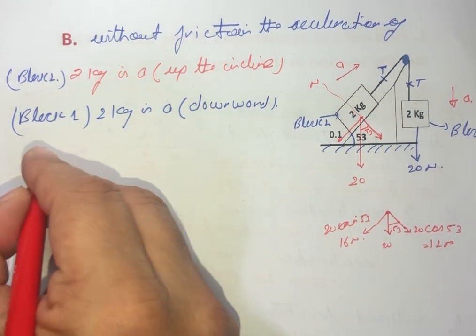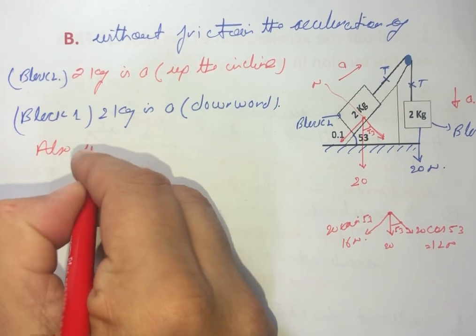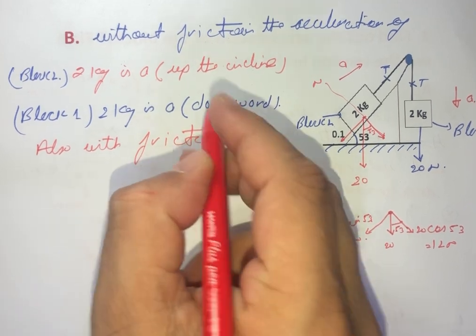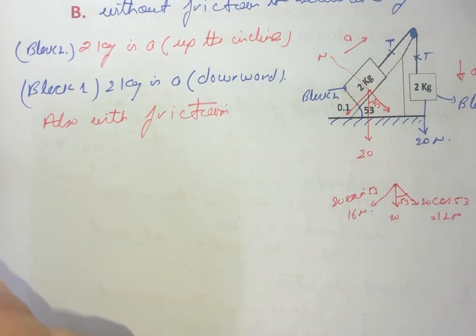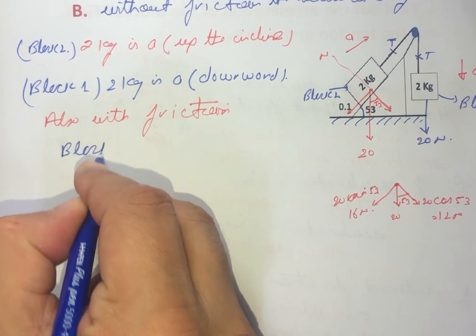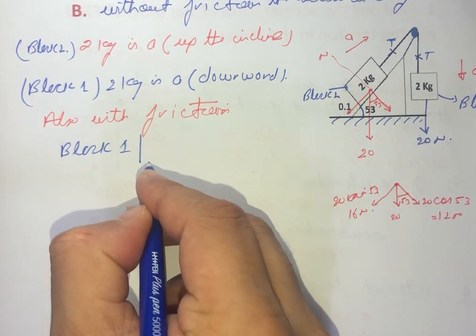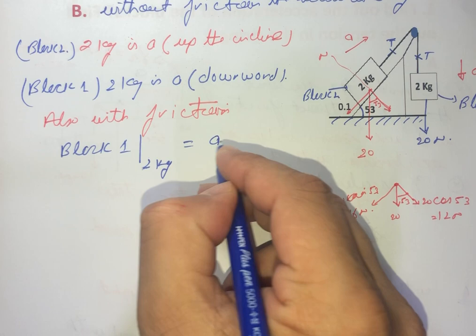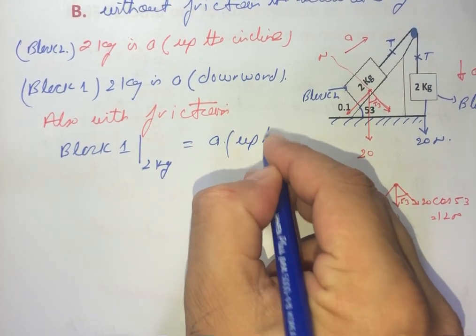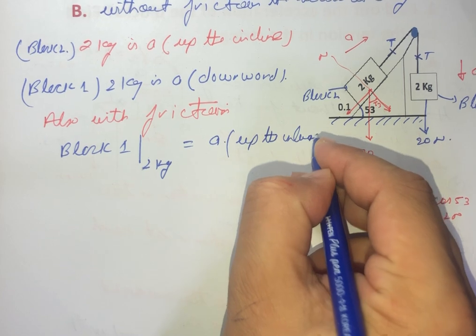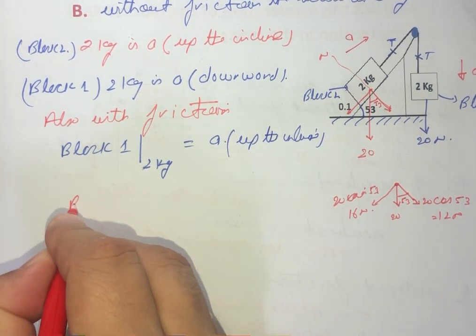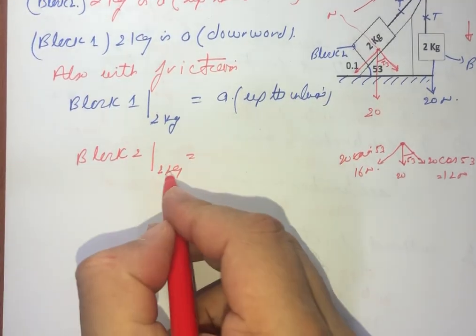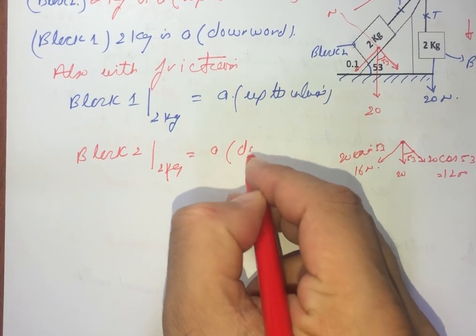So we say also with friction, we have block 1, that is 2 kg, having acceleration of A down, and block 2, which is also 2 kg, is having acceleration A up the incline.